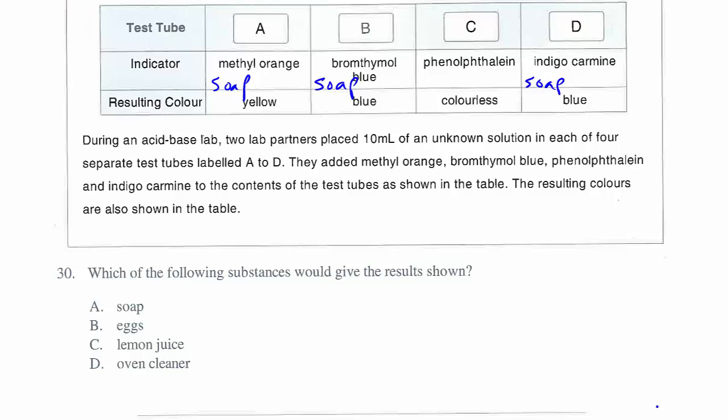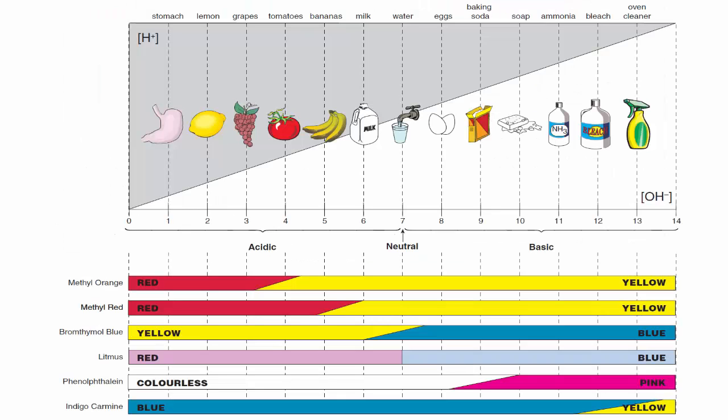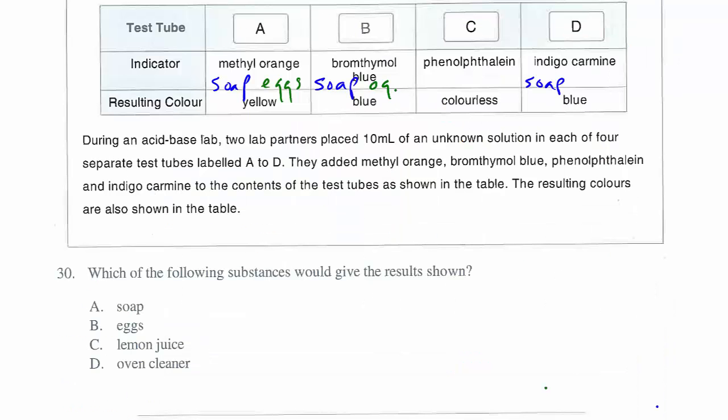Let's do the next one, eggs. So again, you're looking at your table from the data booklet. Methyl orange for eggs is yellow, and that is exactly the color you would expect. So I would say, yeah, eggs is a possibility. Then I go to bromothymol blue. It turns out to be blue in the test tube, and bromothymol blue should be blue for eggs.